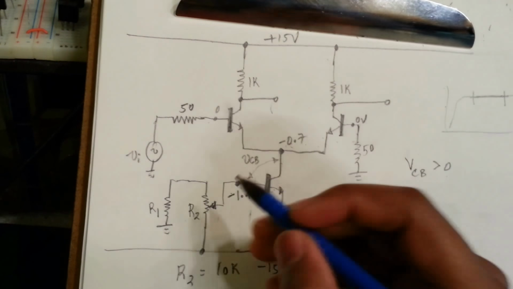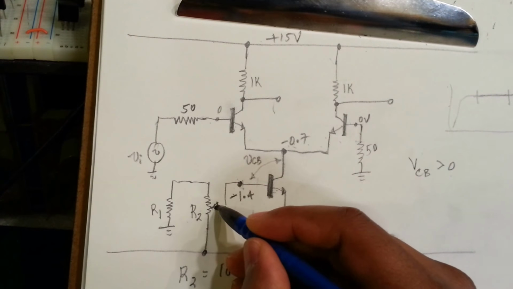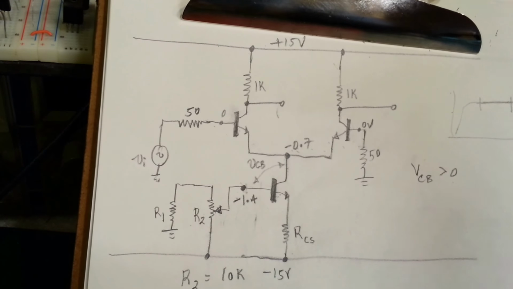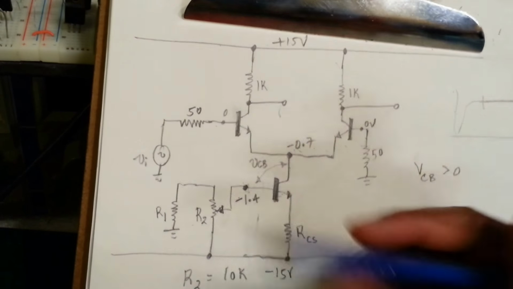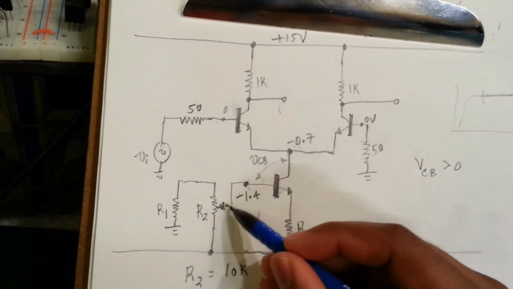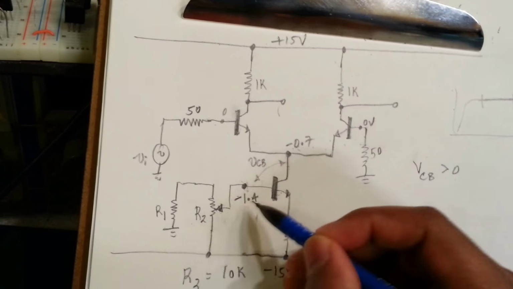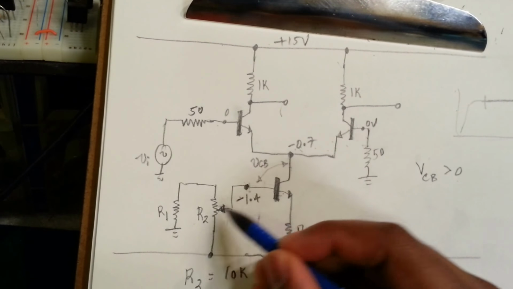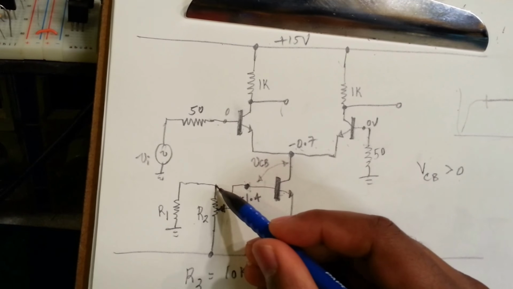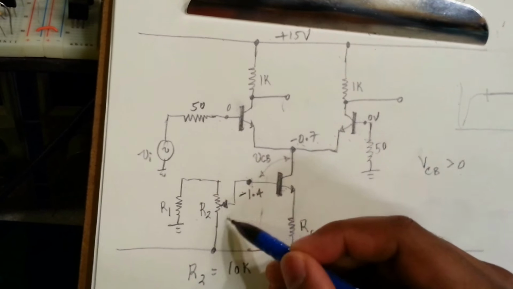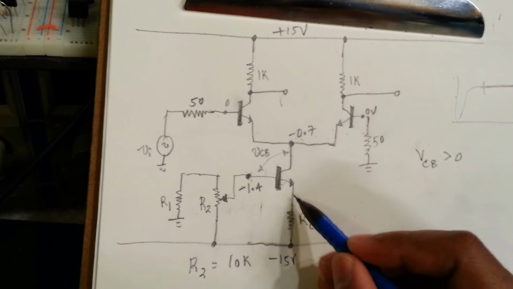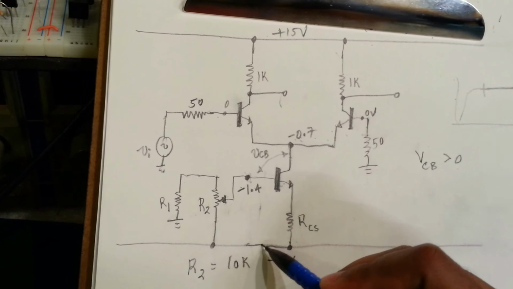If I do that, by the way, the potentiometer leg, the tapped output, the most positive voltage we'll get here is when this tap is right here, closer to ground, because if it goes down here, then we're turning off this base to emitter junction, because this is minus 15.